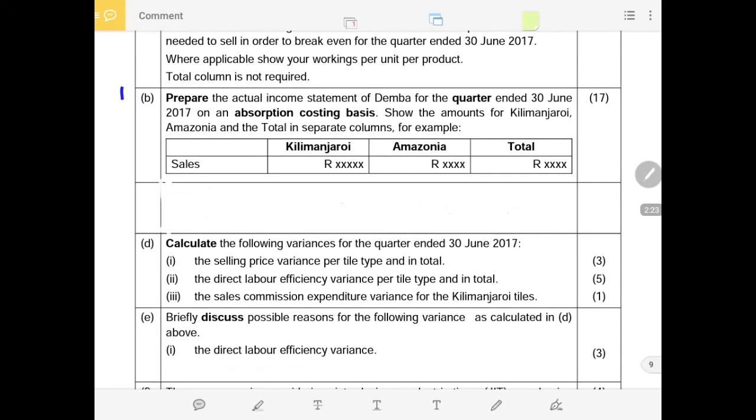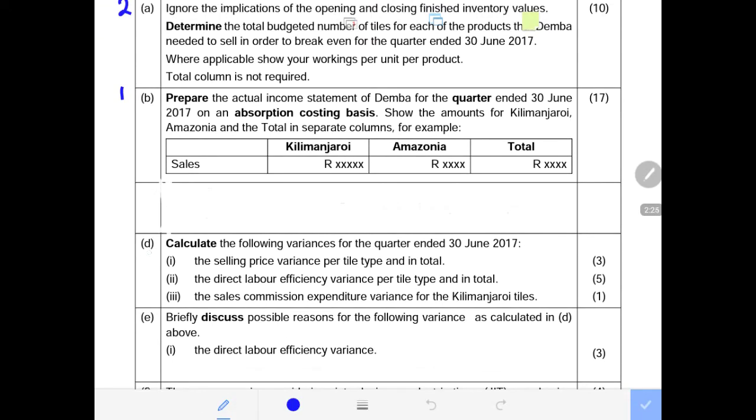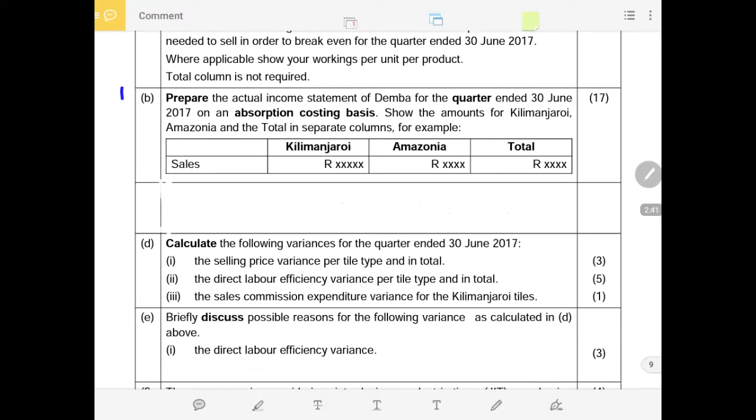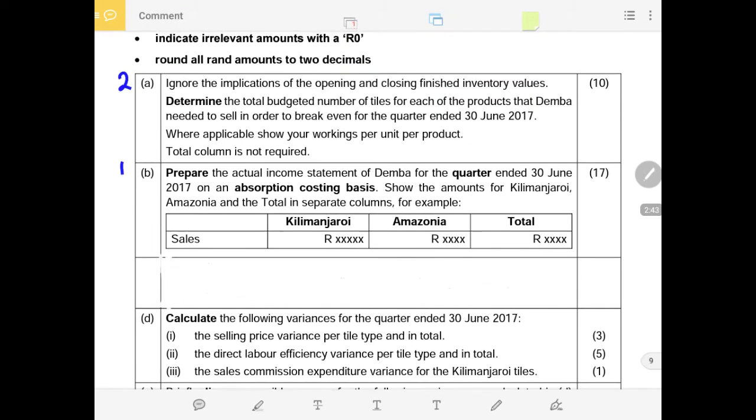Other questions were required to calculate the variances: selling price variance, direct material efficiency variance, and sales commission expenditure variance. Those variances are very important to know, but I will not be recording the variances in this question, since I've done many questions where there is variance analysis.